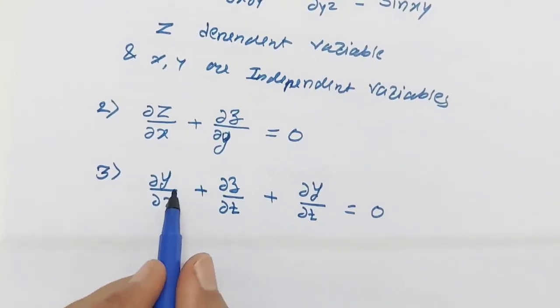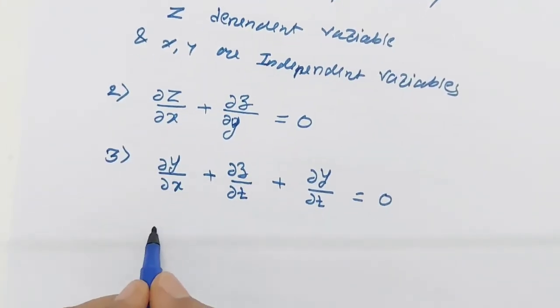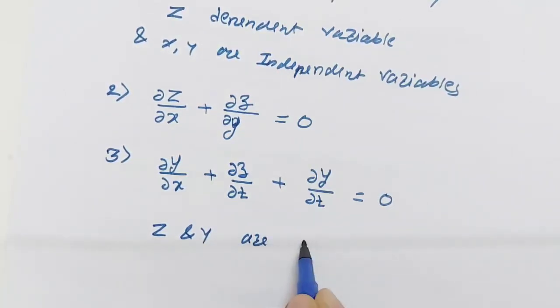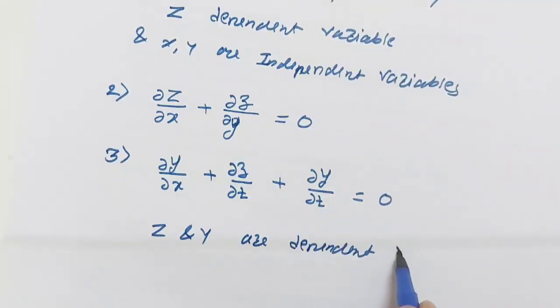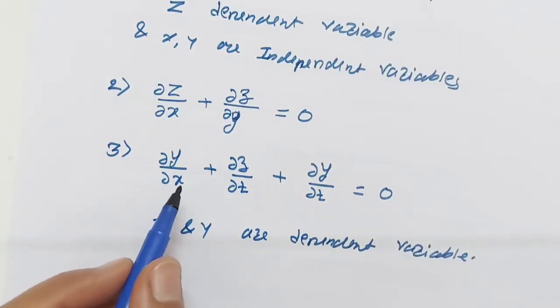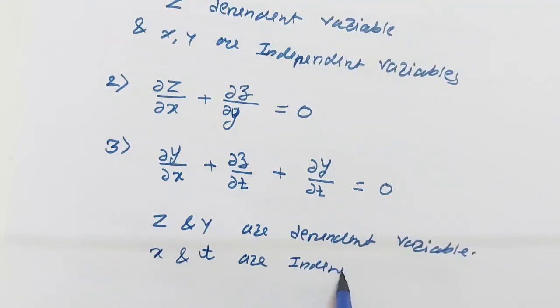Now see, in this example, it contains derivatives of z and y. So here z and y are dependent variables, and here the derivatives of z and y are with respect to x and t, that means x and t are independent variables.